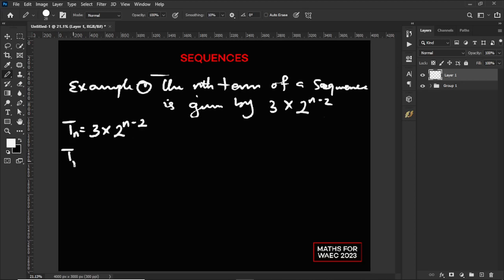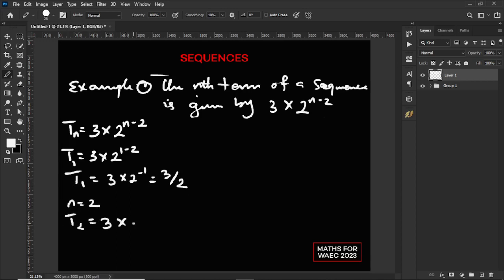Then T1 is 3 times 2 raised to power 1 minus 2, so T1 is 3 times 2 raised to power minus 1, and that is 3 over 2. When n is equal to 2, T2 is 3 times 2 raised to power 2 minus 2, which is 3 times 2 raised to power 0, and that is 3.